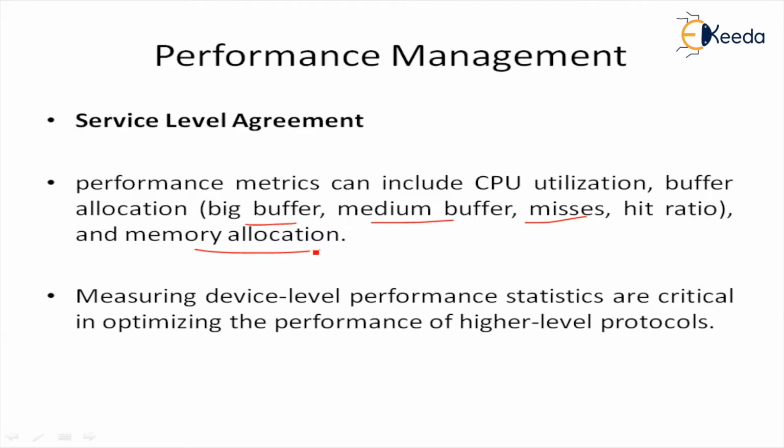The performance of certain network protocols is directly related to the buffer availability in the network devices. So measuring device level performance statistics is critical in optimizing the performance of higher level protocols.